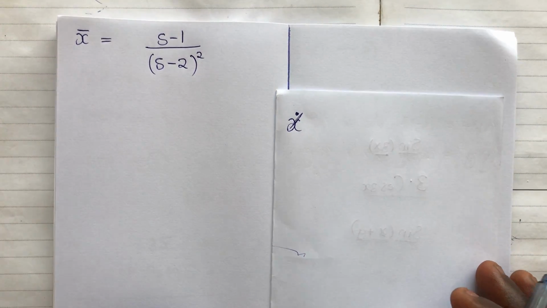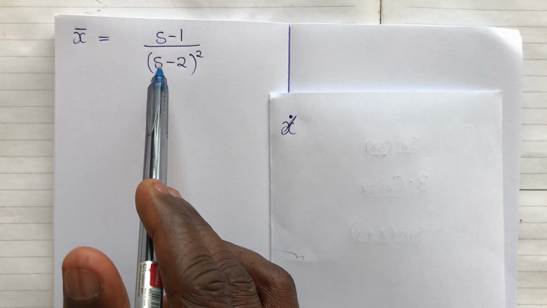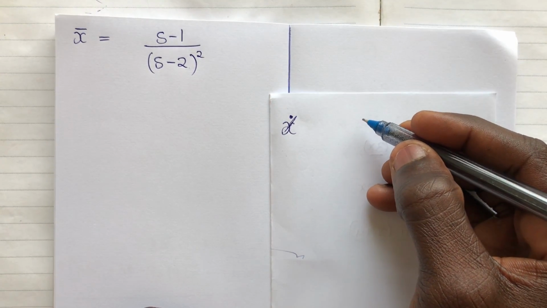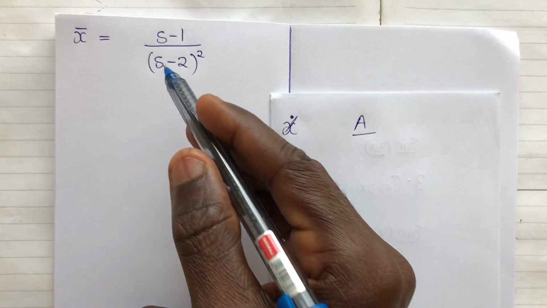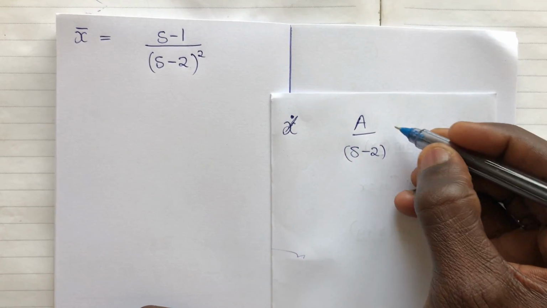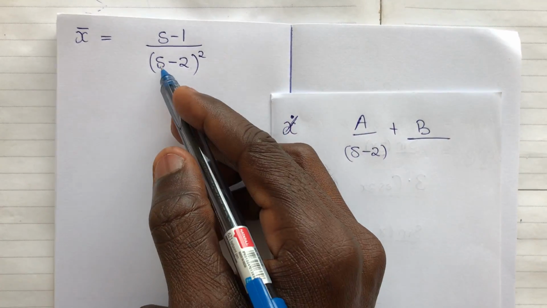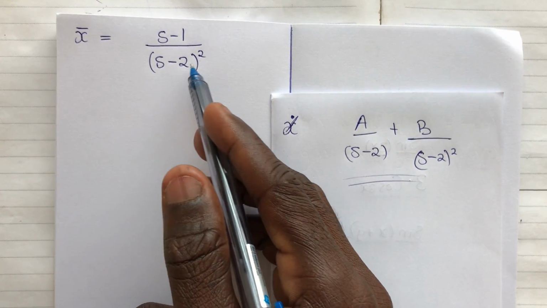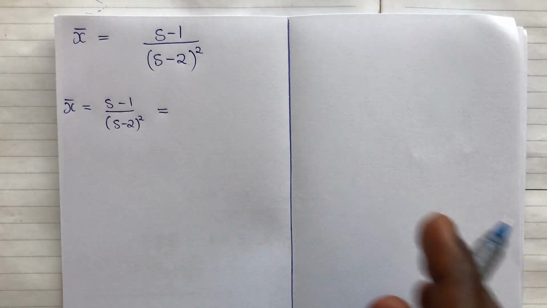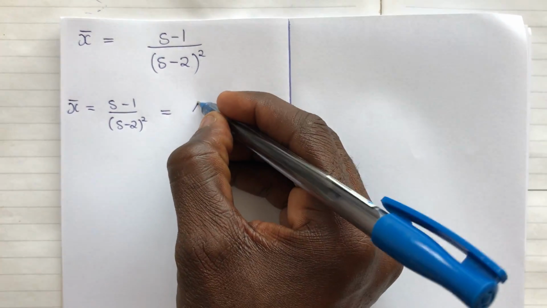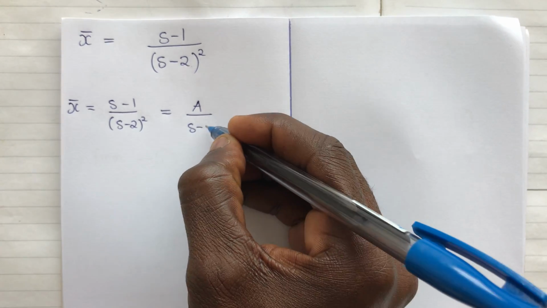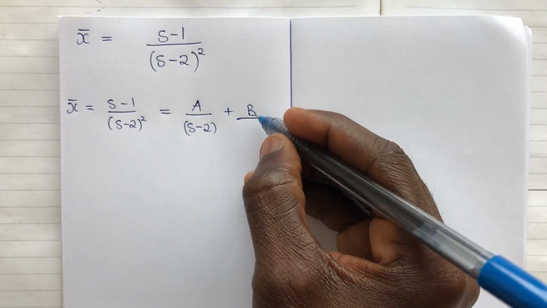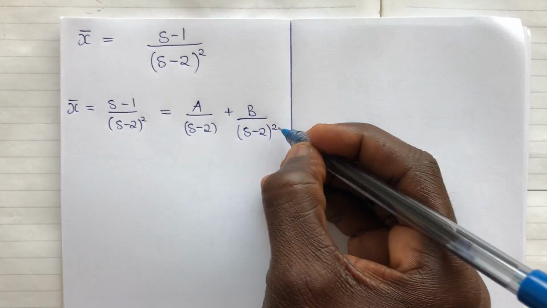Now partial fraction says that if you are resolving something like this and you have a repeated factor, then it is going to give you a over the first one, s minus 2, plus b over s minus 2 all squared. So this is how you resolve a repeated factor into partial fraction. So we have a over the first s minus 2, do not square that one, plus b over s minus 2, then you can square it for b.